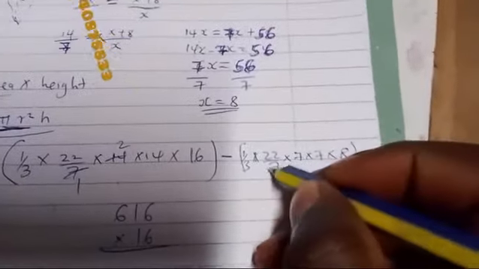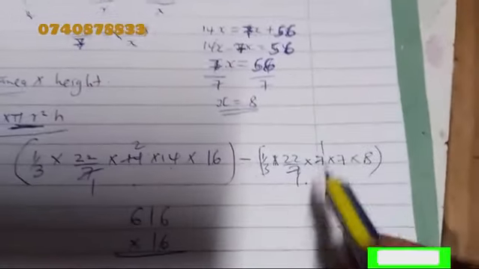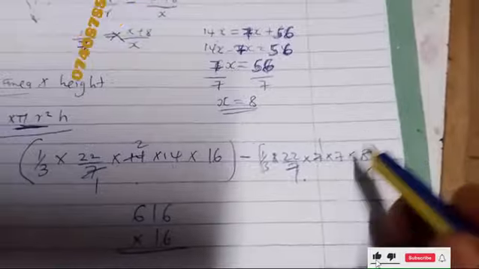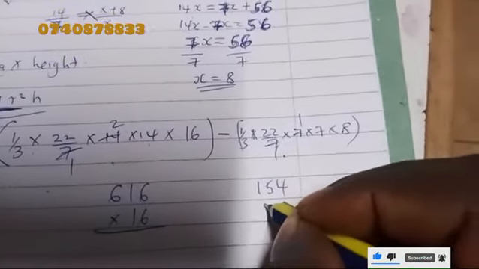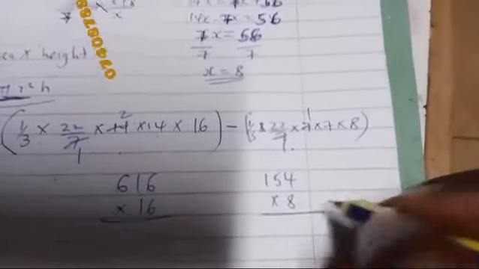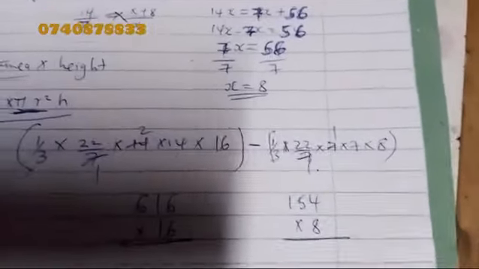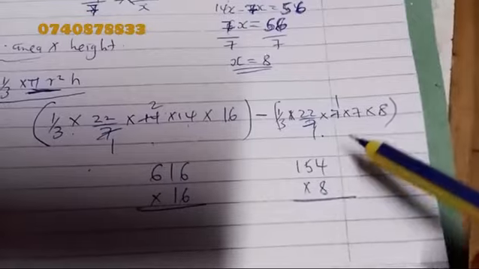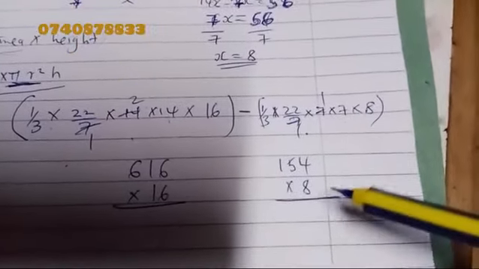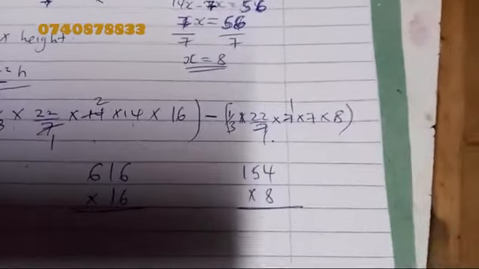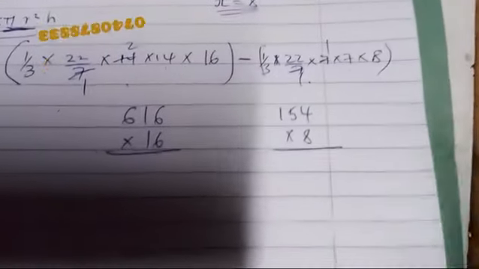On the other side, by 7 1, by 7 1, 22 times 7, you're getting 154. 154 multiplied by 8, and you get whatever you get, then multiply by a third, which is just like dividing what you get by 3, then you subtract.